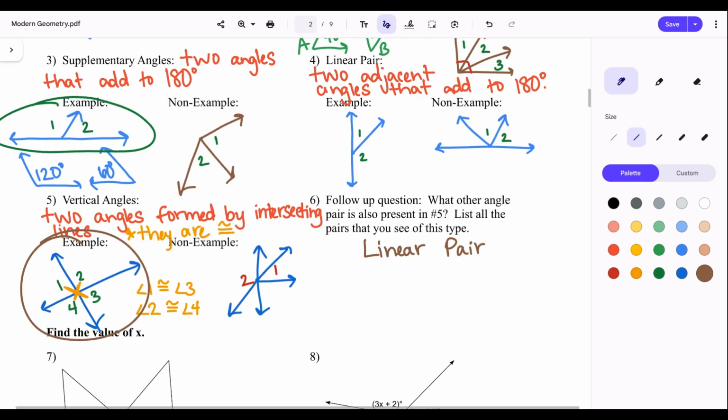Okay, now I already kind of said 1 and 2 would be a linear pair, but what other linear pairs do you see then? Yes, 2 and 3. What else? 3 and 4. Is there one more? Yeah, 1 and 4.